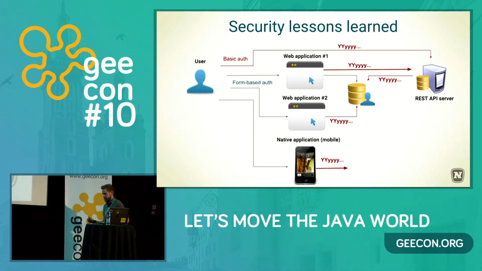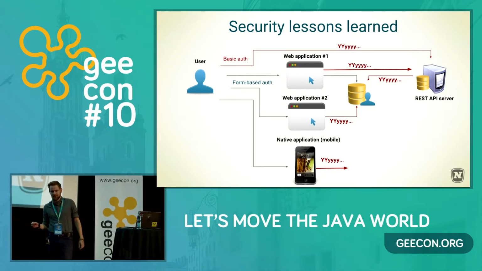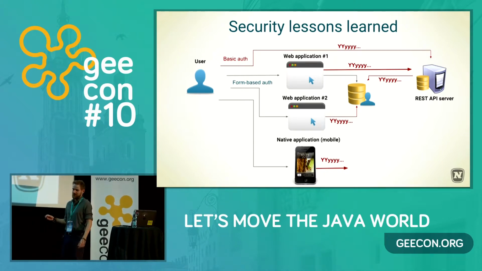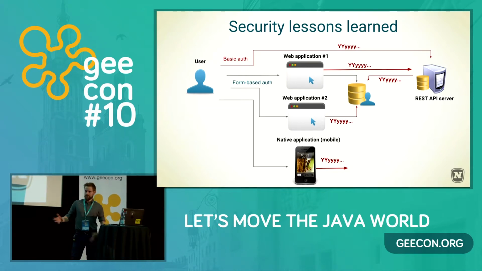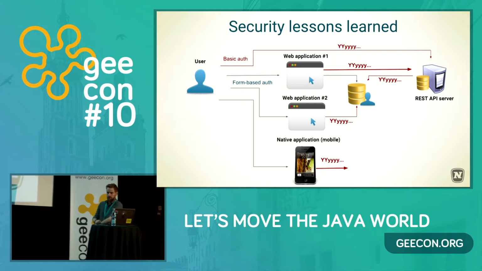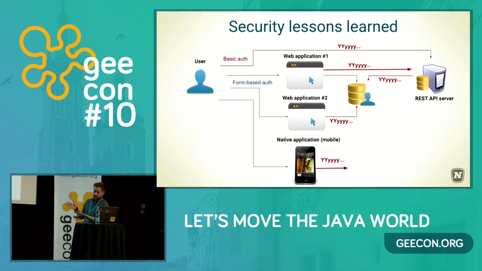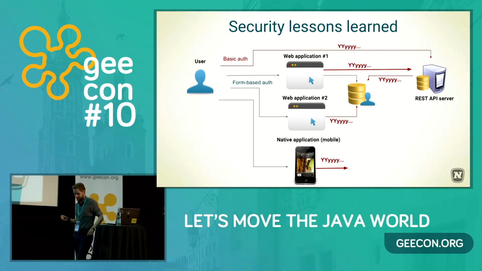And then there comes another child in the neighborhood, and it's called a native app or a mobile app. And the thing is, we cannot do direct database access, can we? Because we cannot access it on low bandwidth connections, right? And we cannot do it in a mobile world anyway.